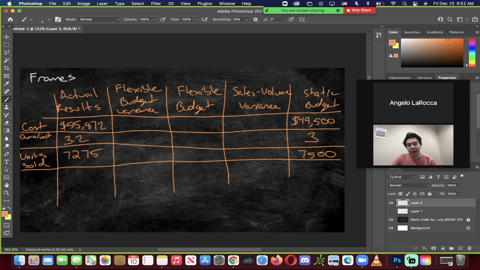And then let's do some variances, right? As I said earlier, we want to pull this number over from here and bring it to the right, and then pull these numbers over to the left. So for example, the 49,500, we do the same thing: 49,500 divided by 7,500, sorry, I'm getting these numbers mixed up, and we multiply that by 7,275, and then we get 48,015.